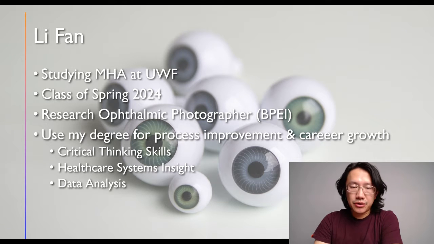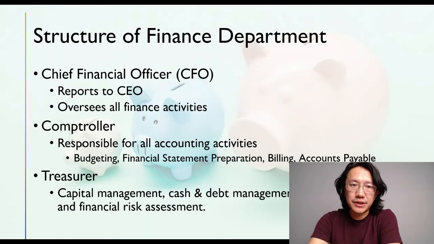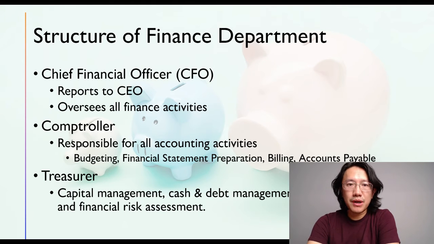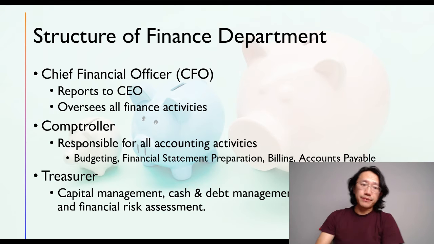So let's get started into the actual assignment. We'll be discussing the structure of the finance department. The finance department usually has three persons in charge, and the first is the Chief Financial Officer. We usually call them CFO. They report to the CEO, and they oversee all finance activities.